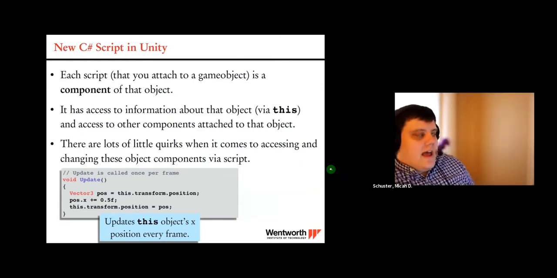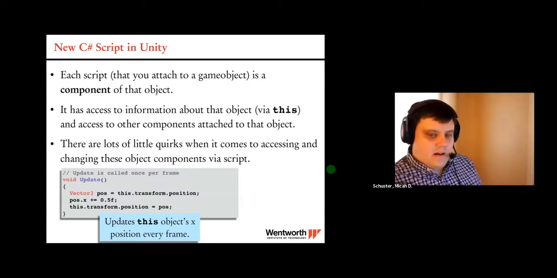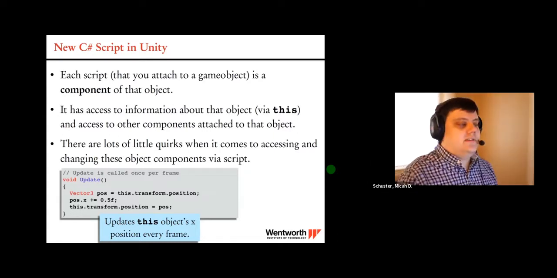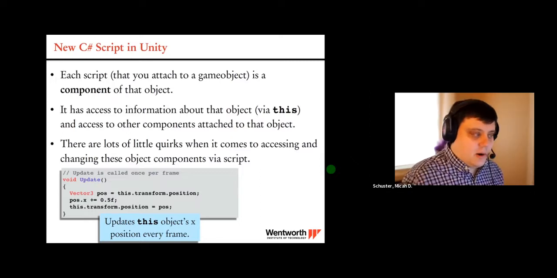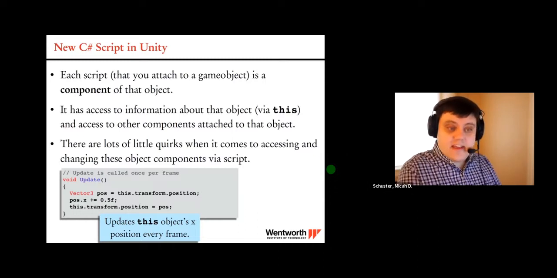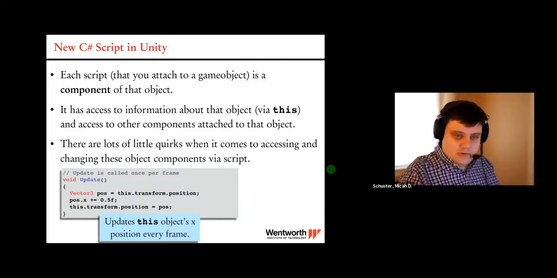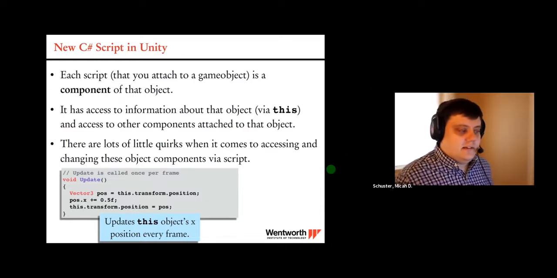All right, every script that you attach to a game object is a component of that object. Unity follows this component-based system. When you drag a script on, it's a component. You have access to information about that object via this. So you will see me use this in various places. And it can access other components attached to the object as well.